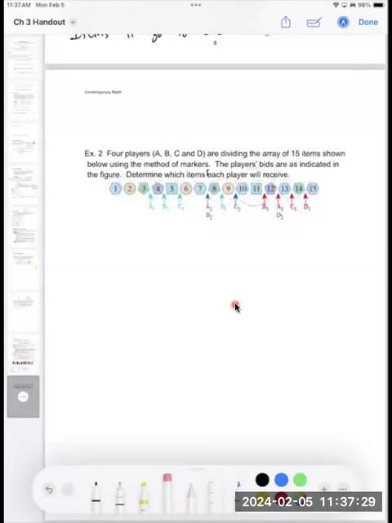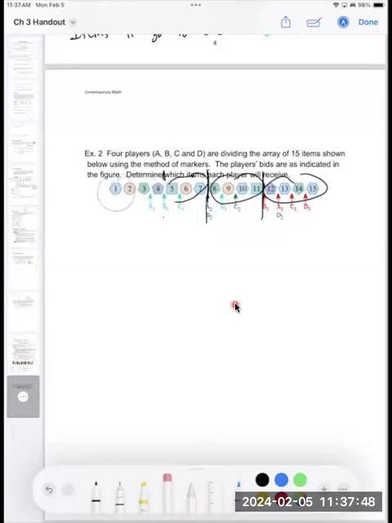And if we did this with person B, here they would have cut the string here. Wait a second, B is right here, and B is right here. Those are their 3 markers. So they would be happy with receiving this one, this one, this one, or this one, right?